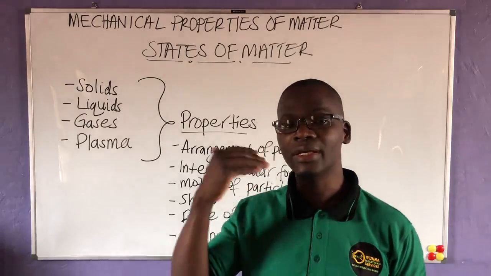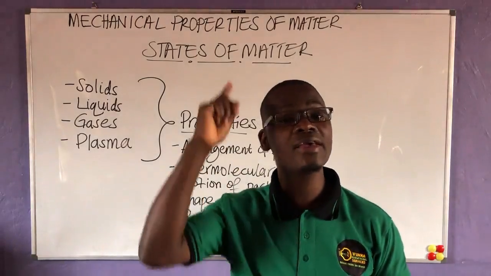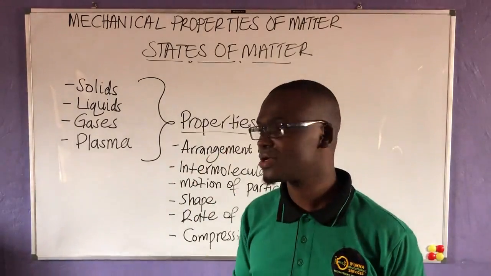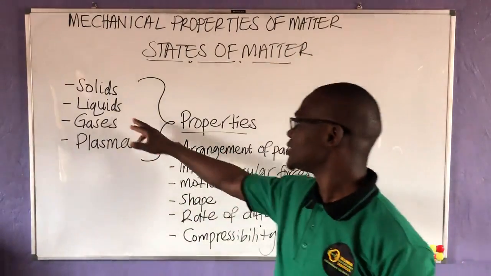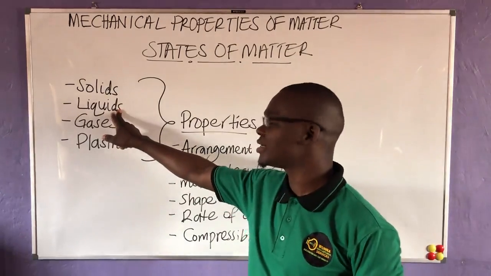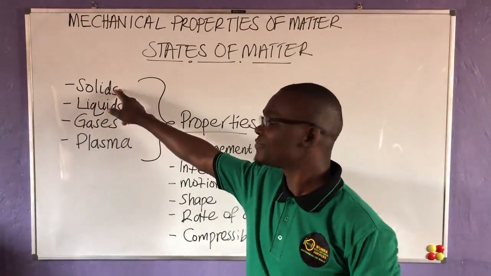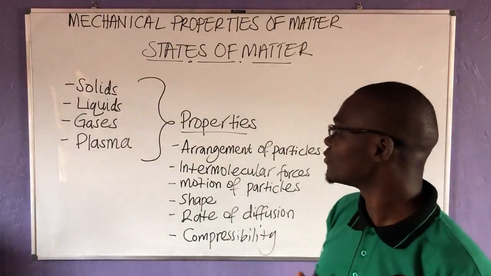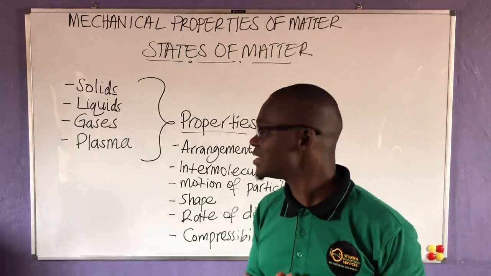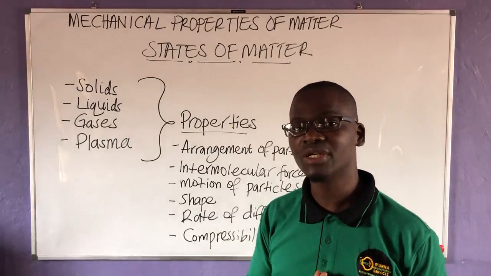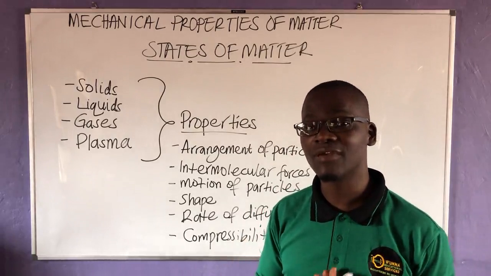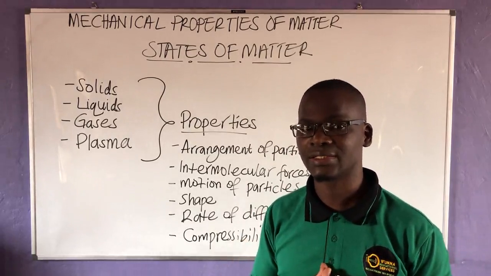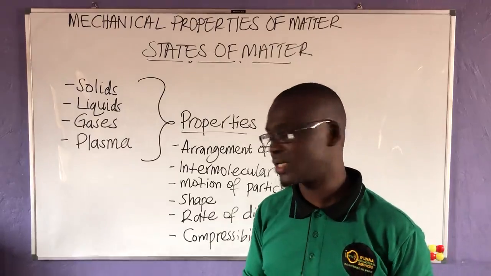Therefore, the rate of diffusion is highest in gases, whereas it is high in liquids and very low in solids because of the tight bond between the particles of the solids. That makes the diffusion less in solids.